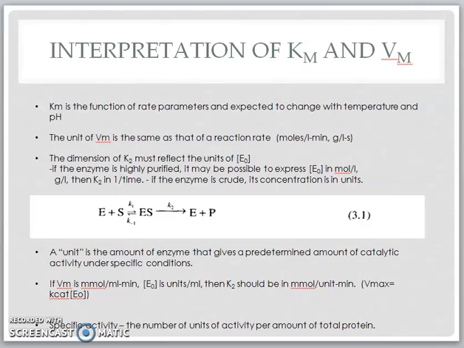Let's see. Specific activity is the number of units of activity per amount of total protein. Talking about the turnover number, this number can vary from one enzyme to another enzyme.